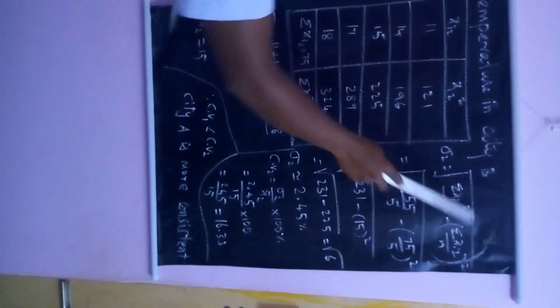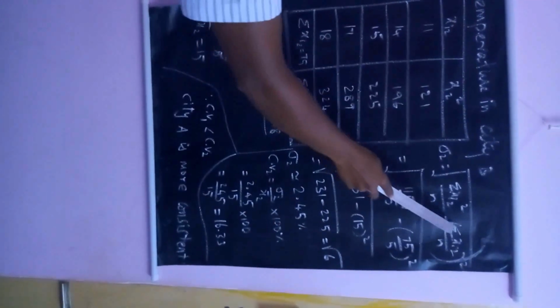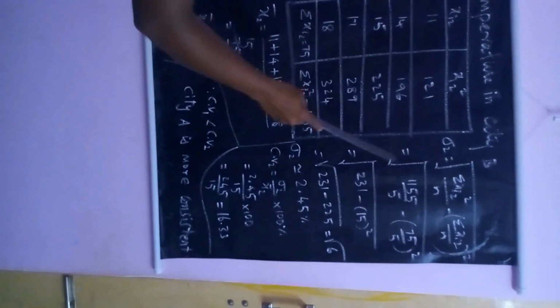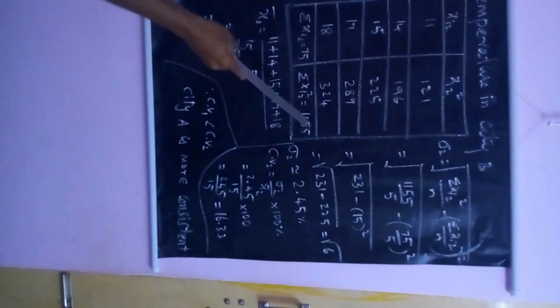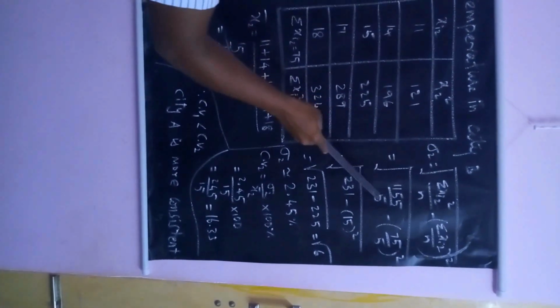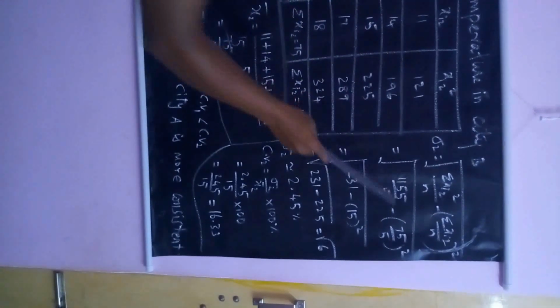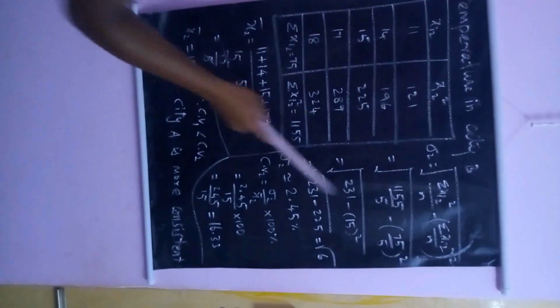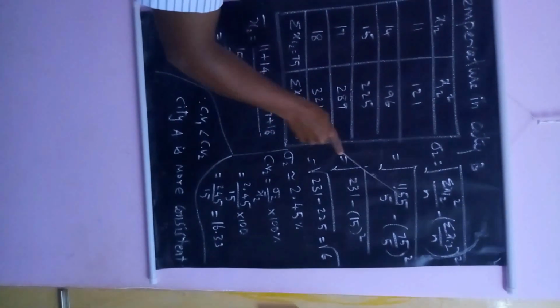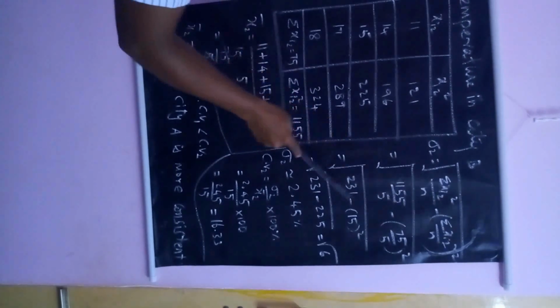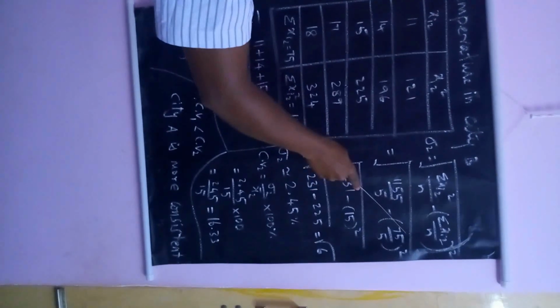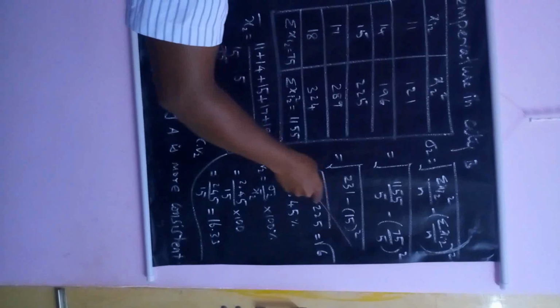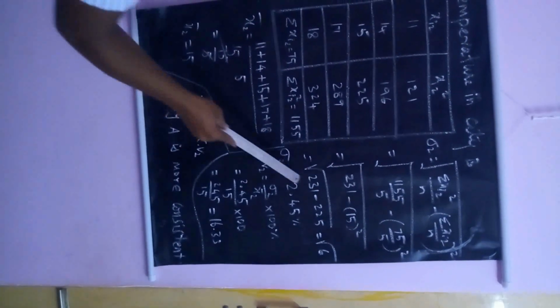Next, sigma 2 equals the square root of summation xi2 square divided by n, minus summation xi2 divided by n, the whole square, which equals the square root of 1155 divided by 5, where n equals 5, minus 75 divided by 5, the whole square. So 1155 divided by 5 gives 231, minus 15 the whole square, which is 225.